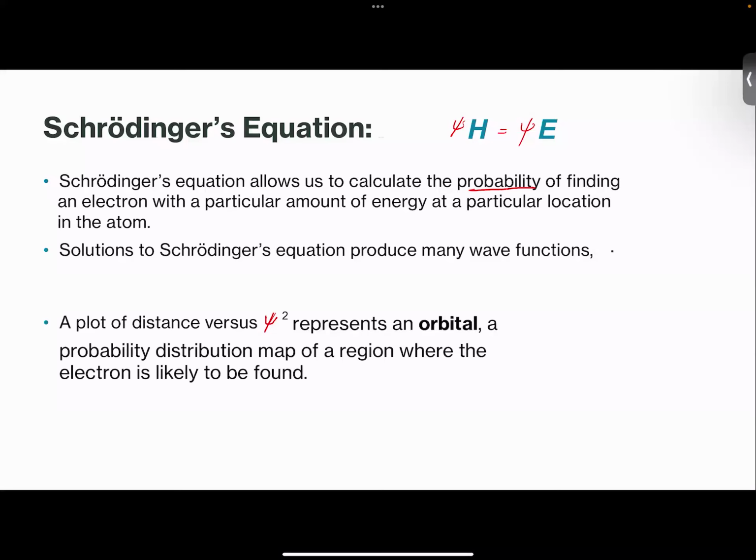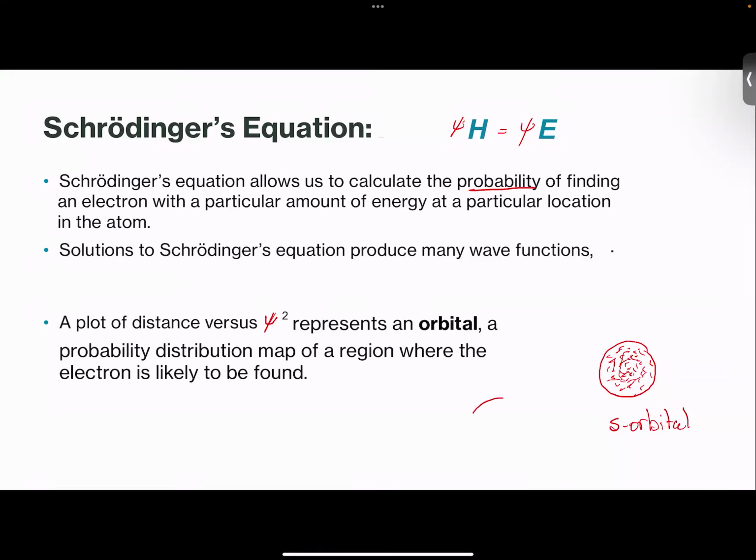And all this orbital is a probability distribution map. For example, one possible orbital is that of an s orbital. What we're describing is that the electron is likely to be somewhere in this sphere. That's what we mean by an electron density map, a probability distribution map.